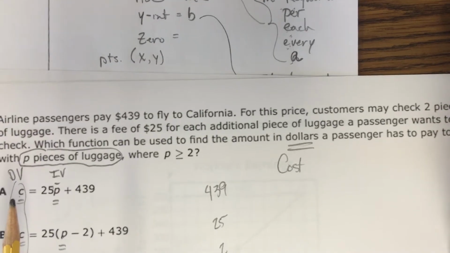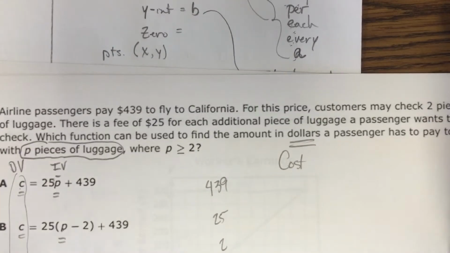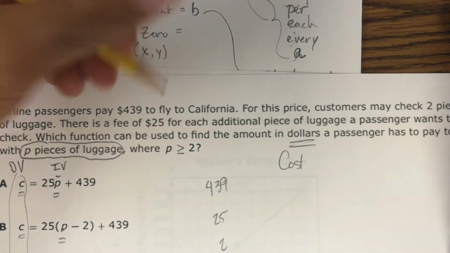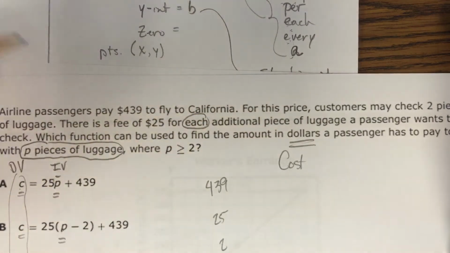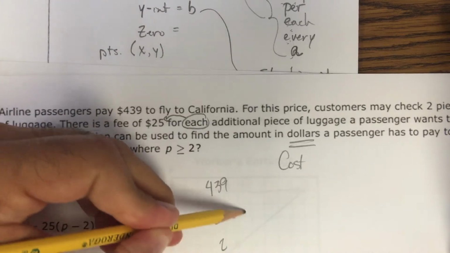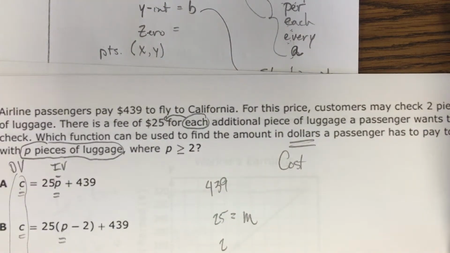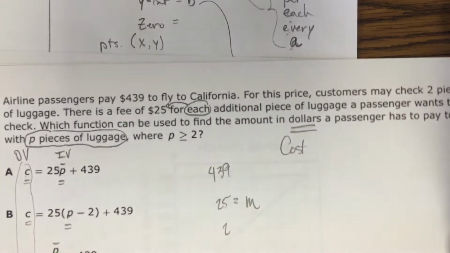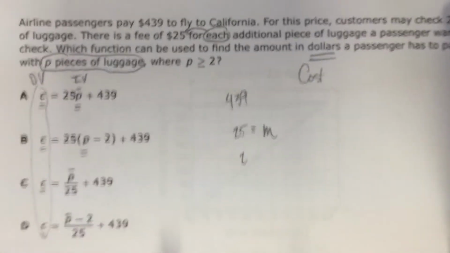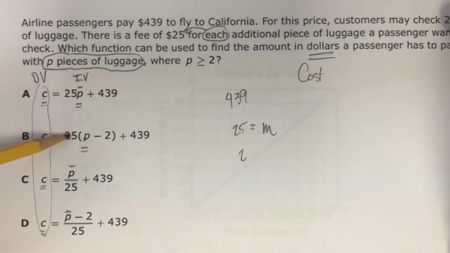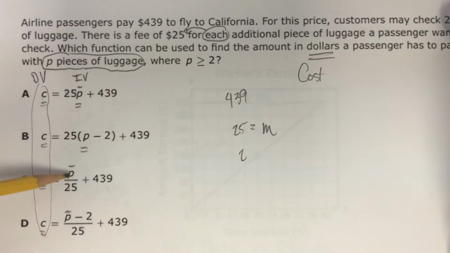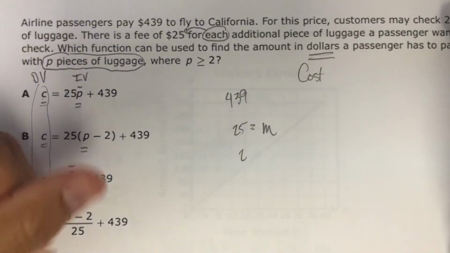Is that anywhere in here? Ding, ding, ding. Each. Each goes with 25. 25 is your m value. That makes sense because as we look at these answer choices, the 25 is connected to the x.